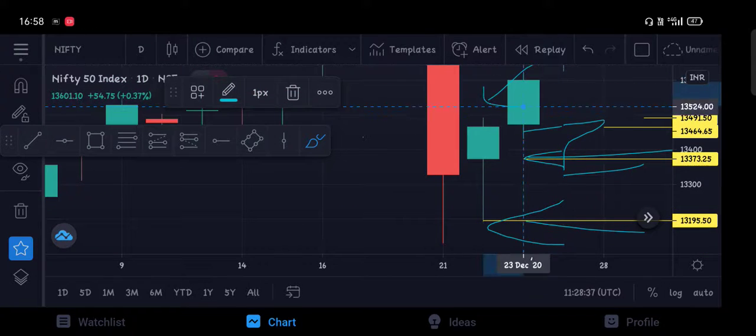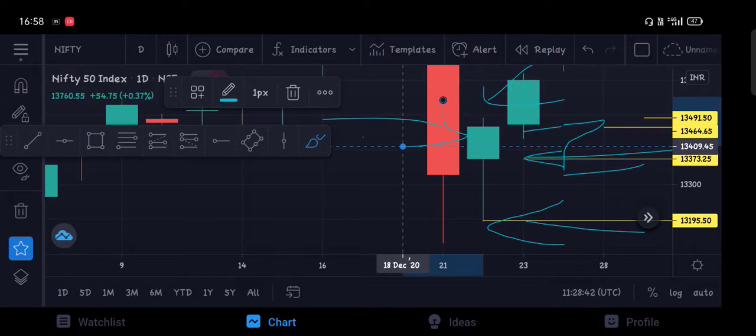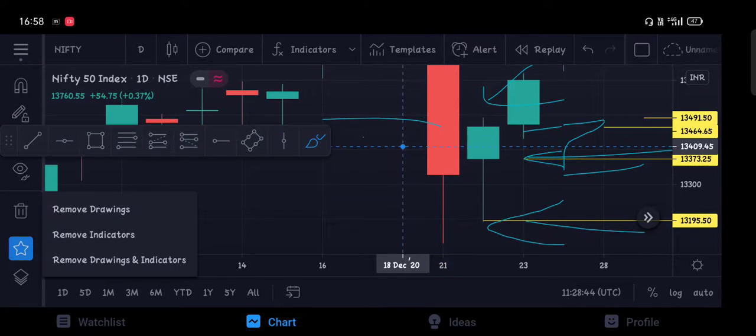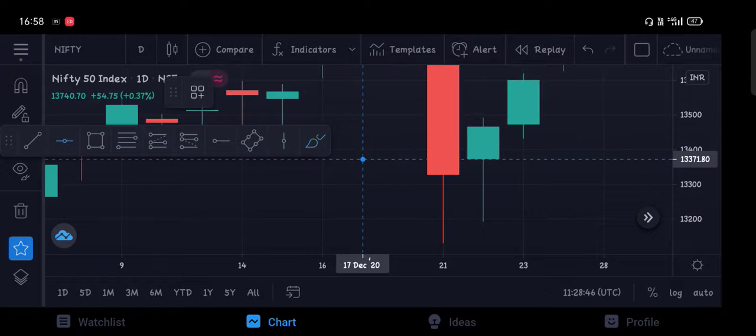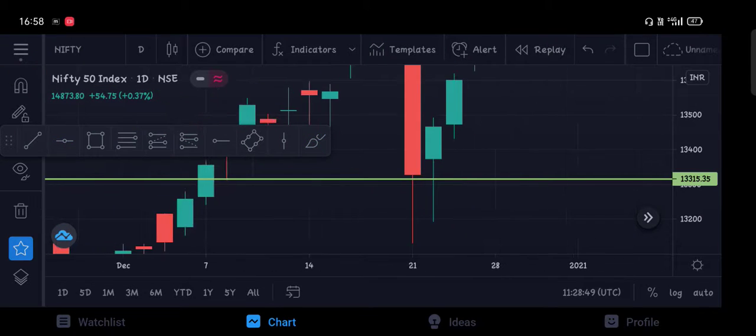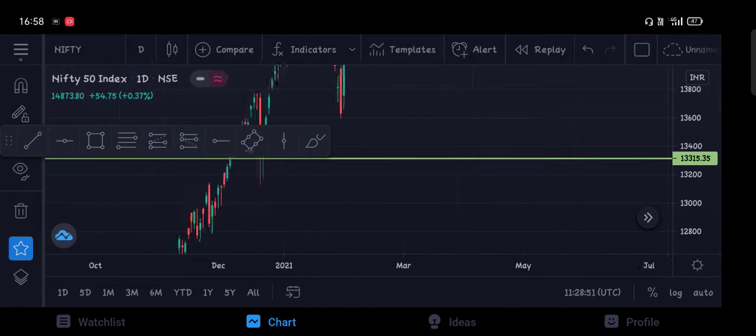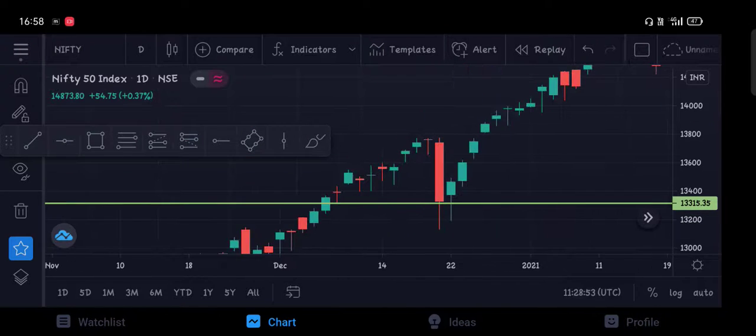It was weak at this level, but it finally closed at this level. This is the meaning of a candle, guys.